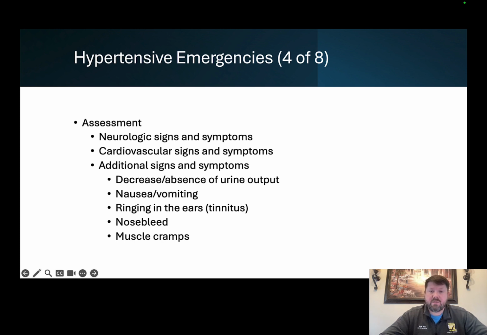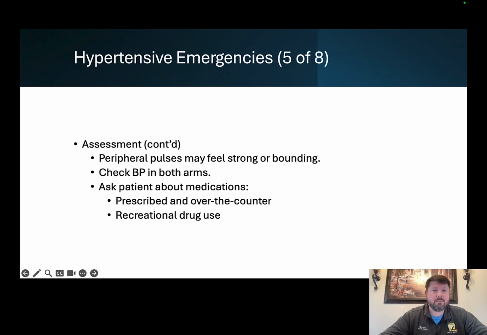Additional signs and symptoms: decrease or absence of urine output, nausea, vomiting, ringing in the ears, nosebleed, or muscle cramps. Peripheral pulses may feel strong or bounding. Seizures, signs of heart failure, or signs consistent with AMI may be present.